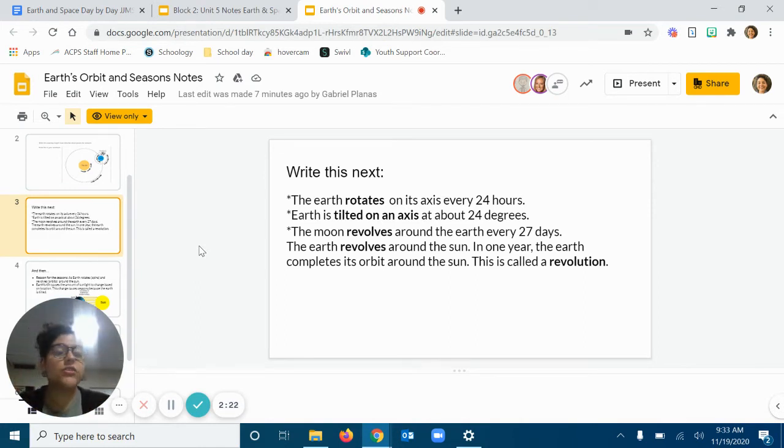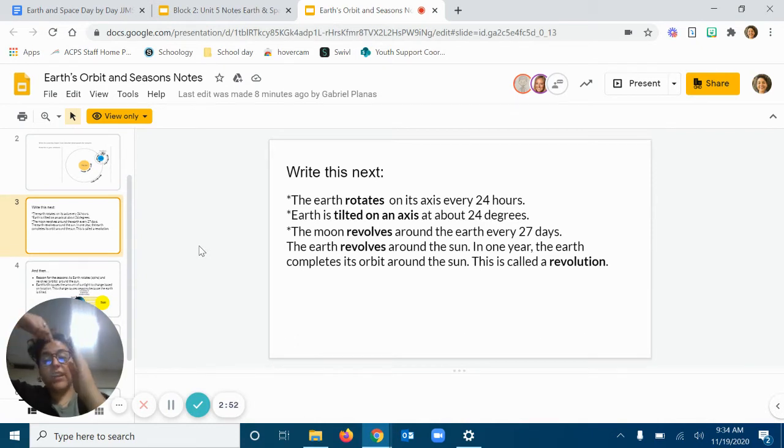The Earth is also tilted. So it's not standing up straight like this. It is actually tilted at about 24 degrees. And this is super important when it comes to why we have seasons. In addition to that, the moon revolves around the Earth about every 27 days, which is why we get a month being about 30 days.